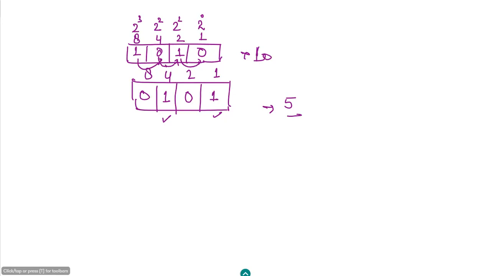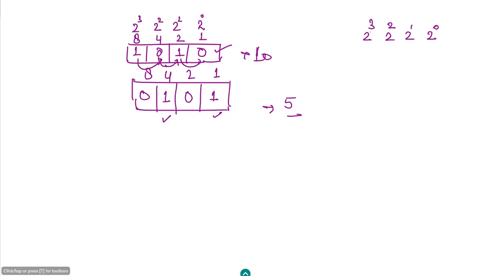So similarly, suppose we have the same binary number and we want to shift a bit. If I move to the right side, then we have index positions 2 to the power 0, 2 to the power 1, 2 to the power 2, and so on.